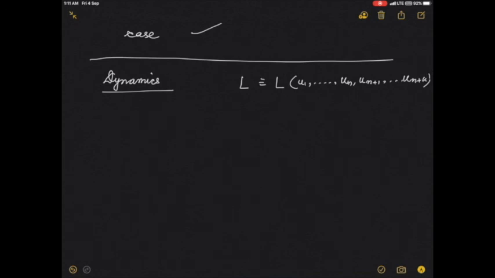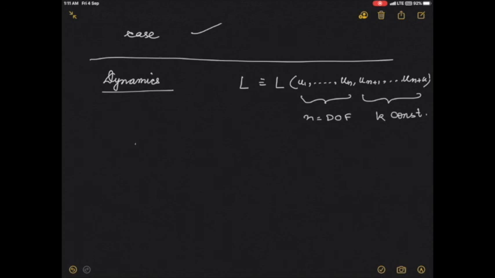All these coordinates, where n is the degree of freedom, and I have k constraints, so I have a total of n plus k coordinates. It can be equal to 3n, not necessarily. Okay, what do I do?